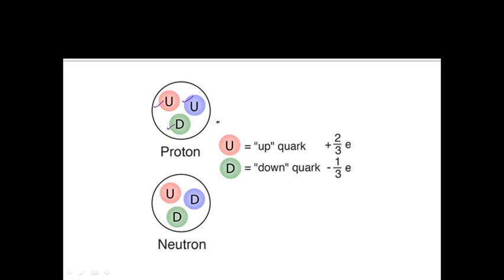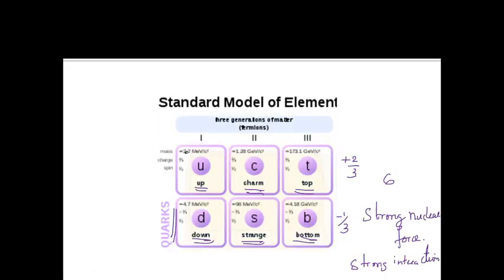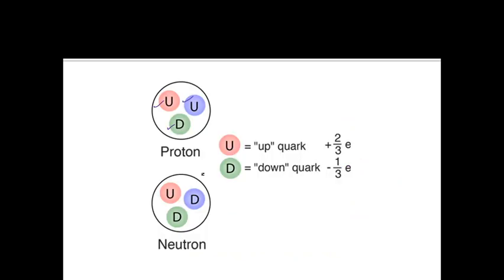So what will be the total charge of a proton? The charge of an up quark is plus 2 by 3. So it is 2 by 3 plus 2 by 3, and 1 down quark whose charge is minus 1 by 3. So the effective charge of a proton is plus 1.